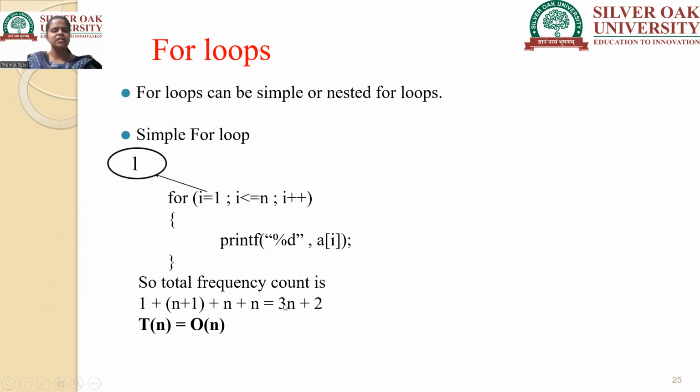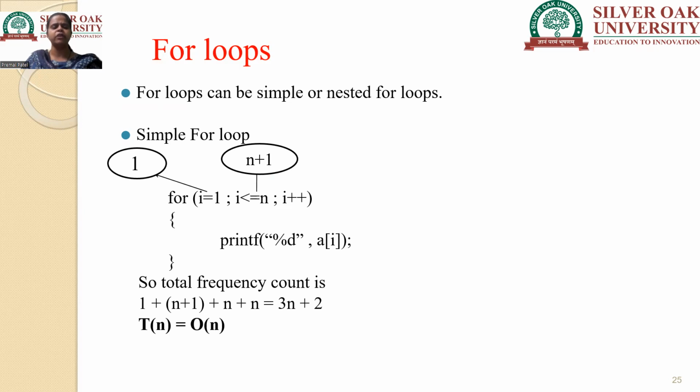i = 1 will execute once only, so the frequency count for it will be 1. Now i <= n: the frequency count for it is n + 1. Why? Because while i is less than or equal to n, it will go into the loop, and one extra time when it becomes false, it will check the condition, so plus 1.